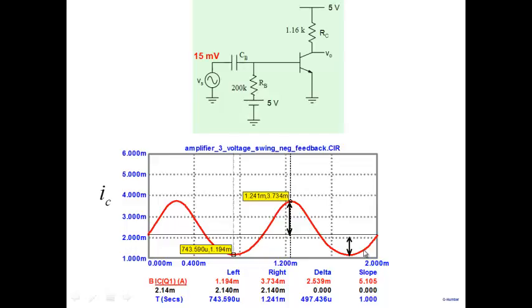Now, suppose I ask you the question, what kind of a sinusoid should I apply here so that I get a pure sinusoid at the output? Suppose I could, by some means, apply a different kind of a sinusoid here between base and emitter.